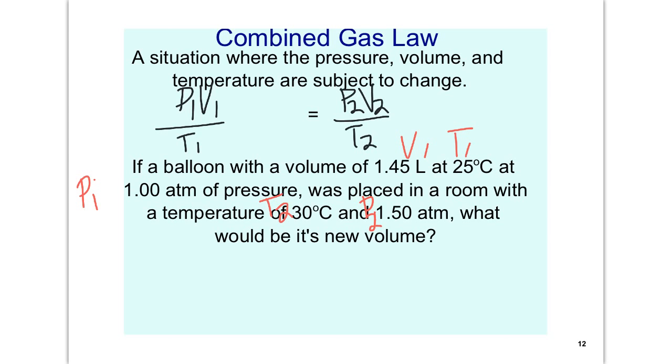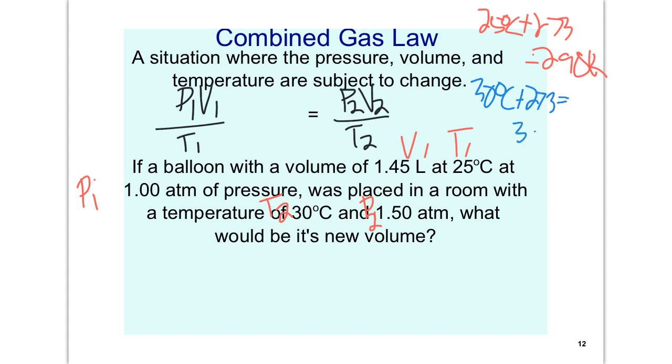So we start plugging it all in. Same thing, let's convert our Celsius into Kelvin. And so our first one is 298 Kelvin. And then we need to take our 30 degrees Celsius, add 273, and we find that this is 303 Kelvin.